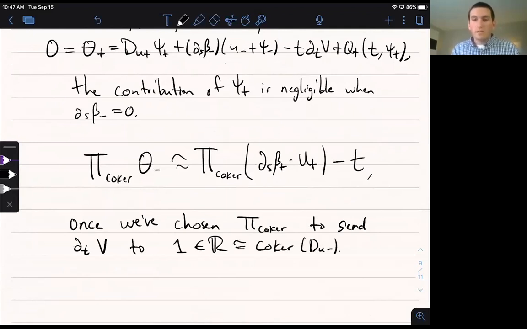So we need to investigate this u plus near Q. I had written down some details of this.